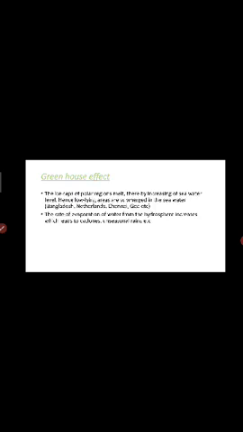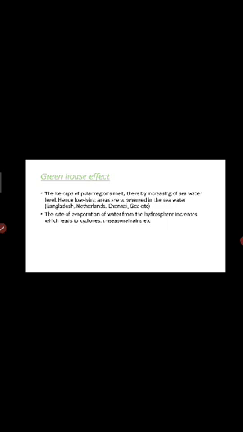The ice caps of the polar regions melt, thereby increasing the seawater level. Hence, low-lying areas are submerged in the seawater, for example Bangladesh, Netherlands, Chennai, Goa, etc.